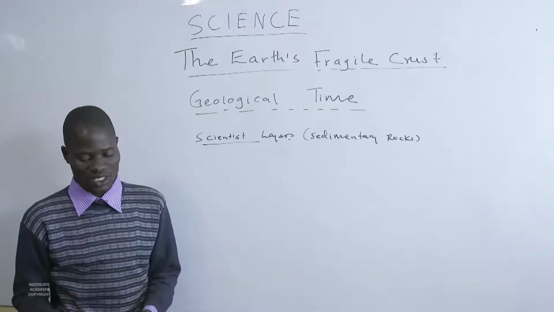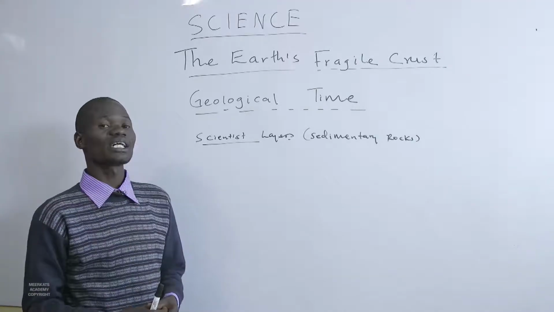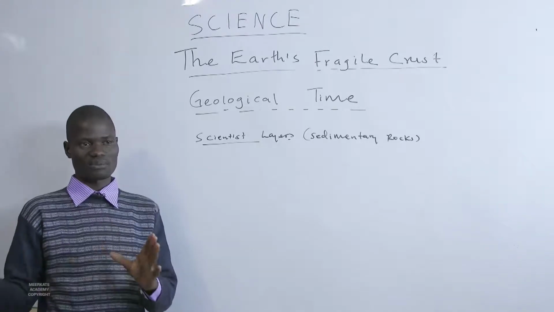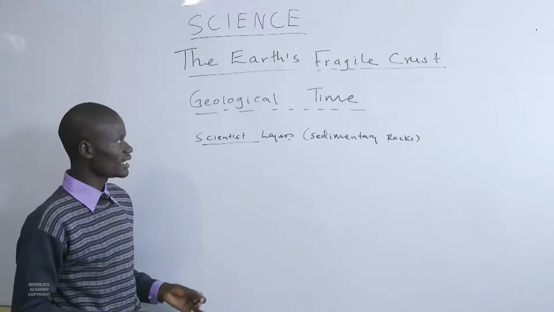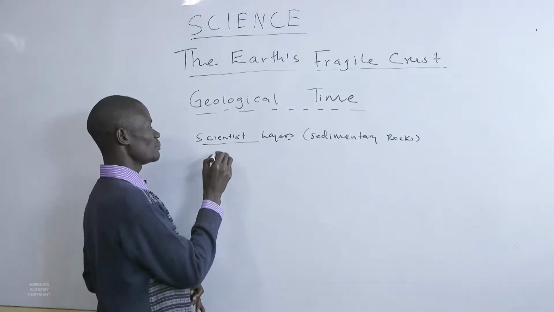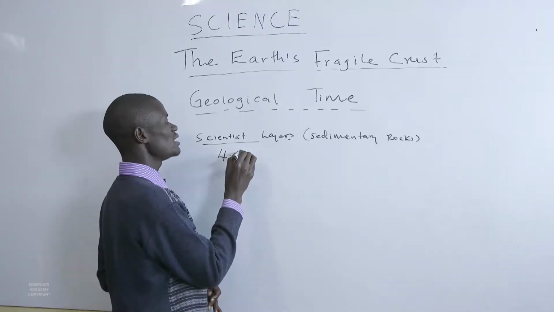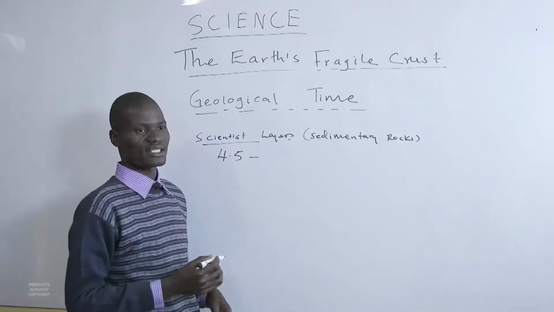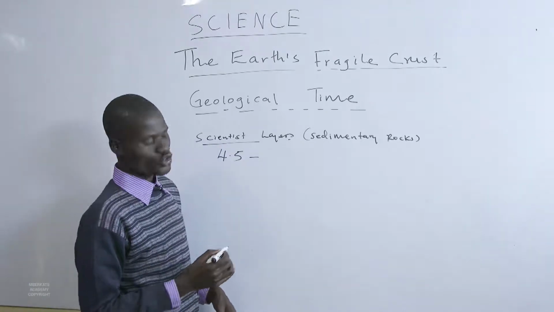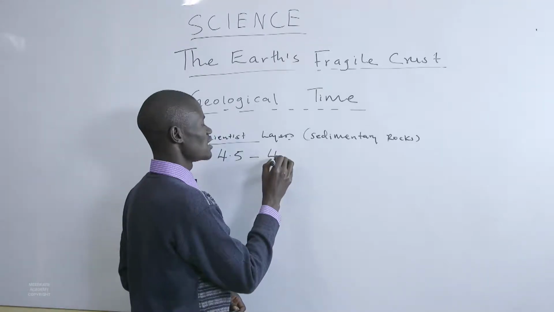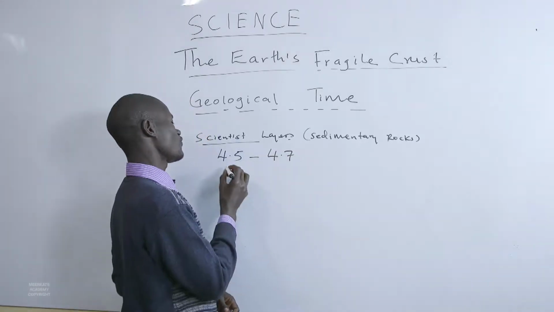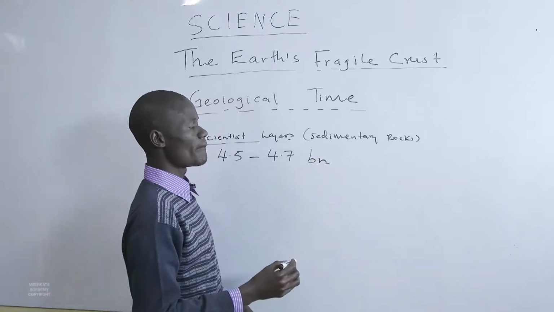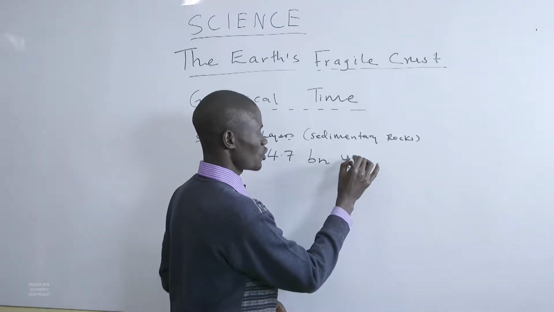When we look at the earth structure, it tells us that if rocks have existed for a certain period of time, the geologists have been able to determine the age of rocks scientifically, and that gives us the age of the earth to be around 4.5 to 5.7 billion years old.